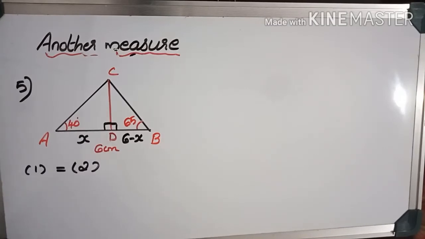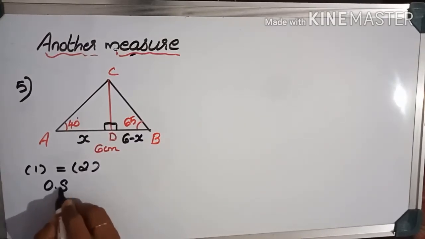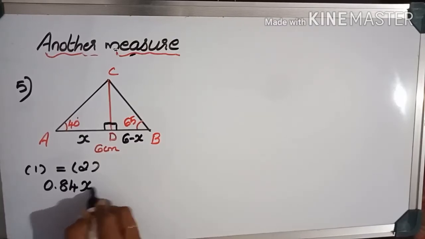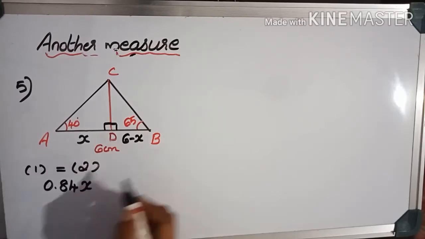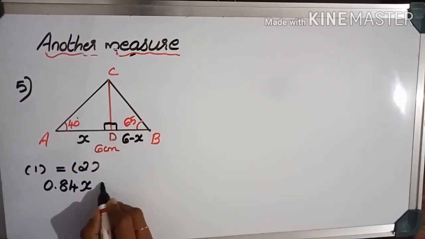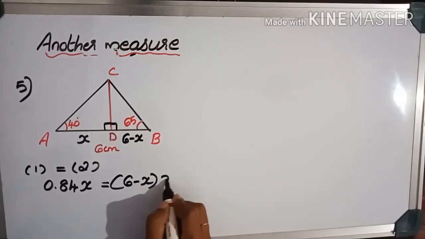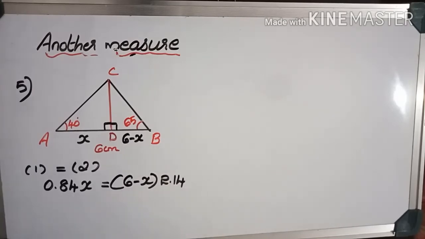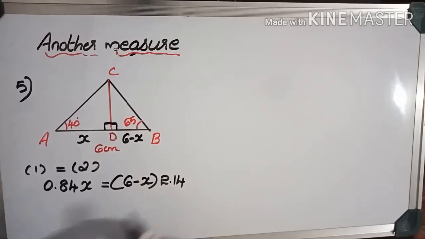So 0.84x, that CD we can cancel, in both the equations LHS part same. We can write the right side part: 0.84x equal to 6 minus x into 2.14.